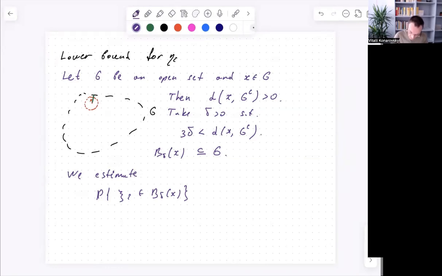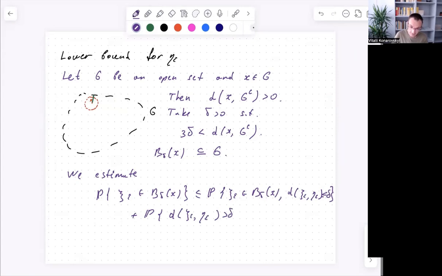As before, it is less or equal than the probability that psi epsilon belongs to the ball of radius delta with center at point x and the distance between psi epsilon and eta epsilon is less or equal than delta, plus the probability that the distance between psi epsilon and eta epsilon is larger than delta.